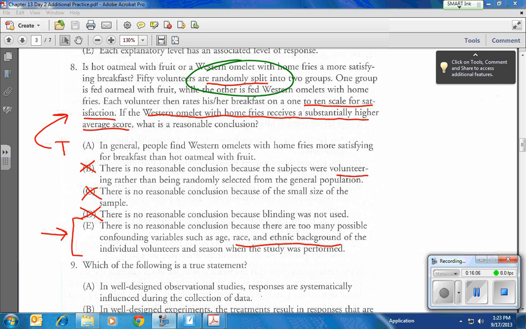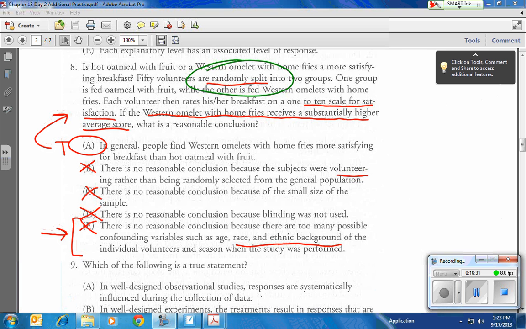So theoretically, there's the same age distribution in both groups. There's the same ethnic distribution in both groups. Does that make sense? So according to that random allocation, those should all be worked out. There should be no confounding variable because of the randomness. Does that make sense? Okay, so this is not the answer either.